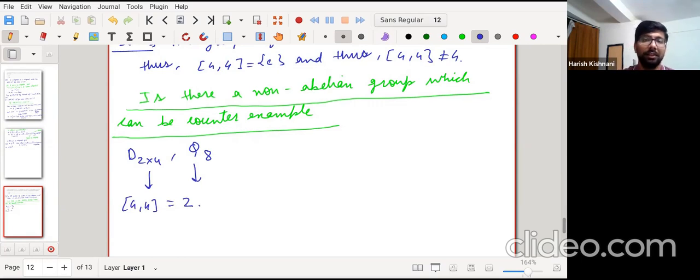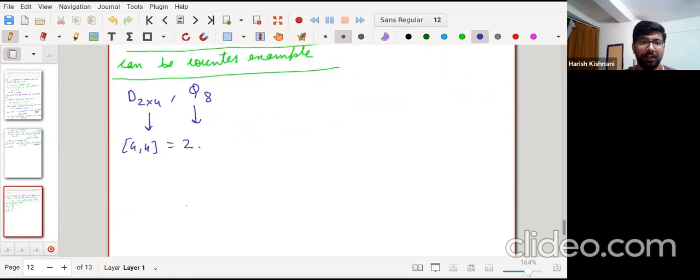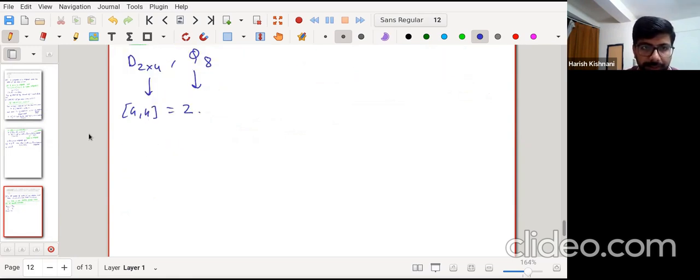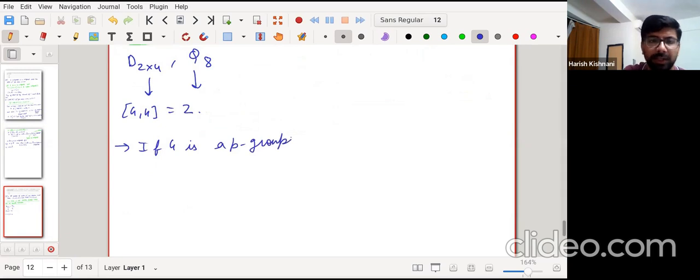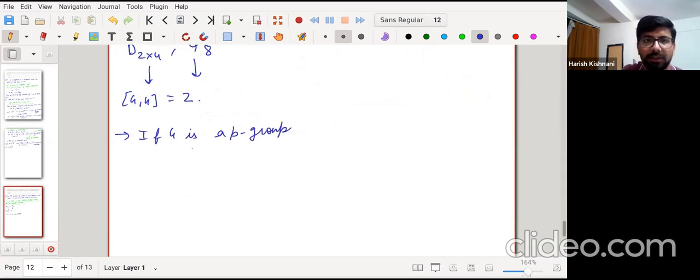And in general, if G is a p-group, that's beyond the scope of this question, but I'm writing it so that if you are interested, you learn something more.